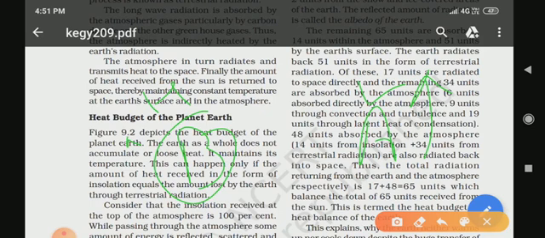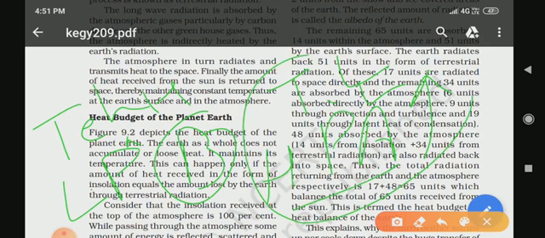Always, whenever temperature is high, we see low pressure. If the temperature is low, we see high pressure. Don't be confused in this condition.